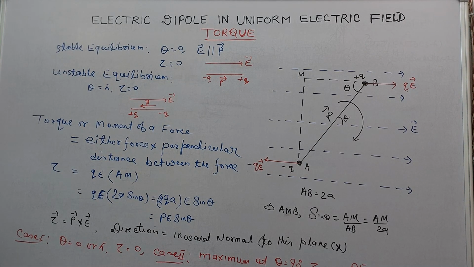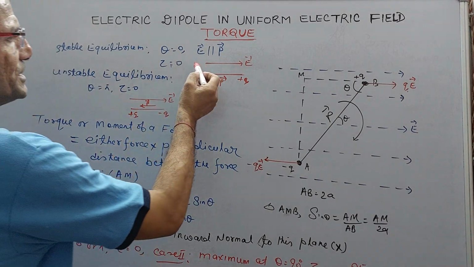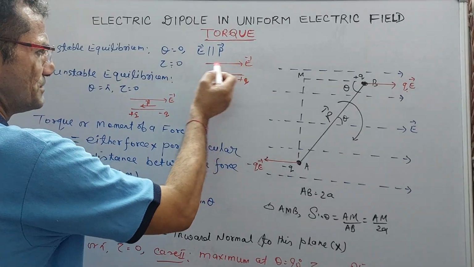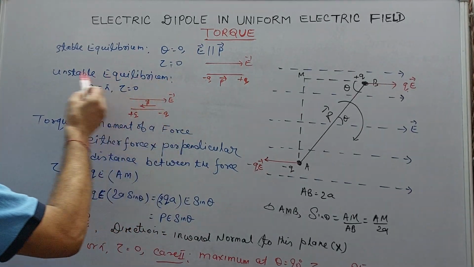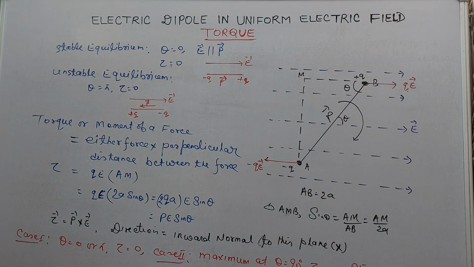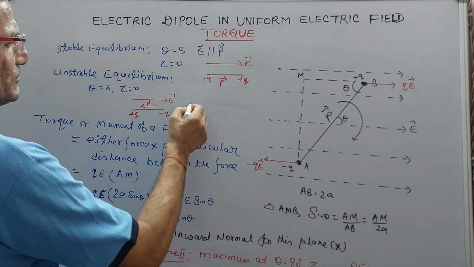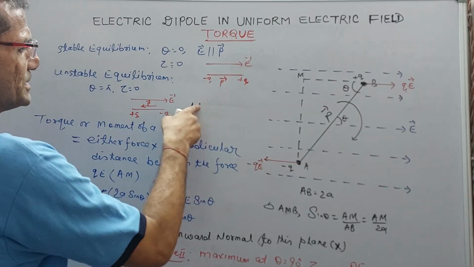Later we will discuss the energy cases. In stable equilibrium it should have the minimum potential energy, and in unstable equilibrium it should have the maximum potential energy. So both will be discussed in a later part. Here U is the potential energy.